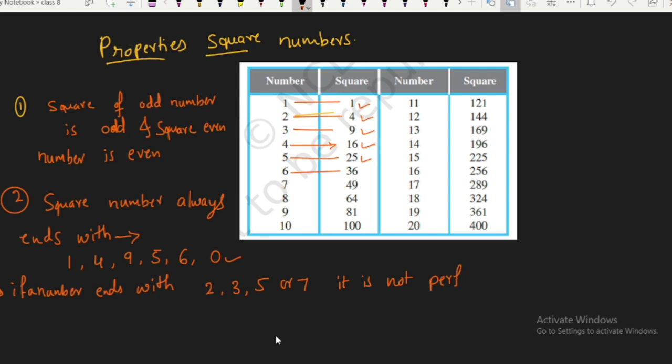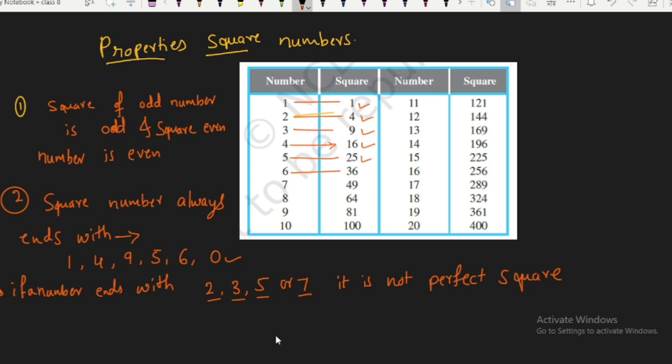Perfect square numbers do not end with these digits. They are not perfect squares.